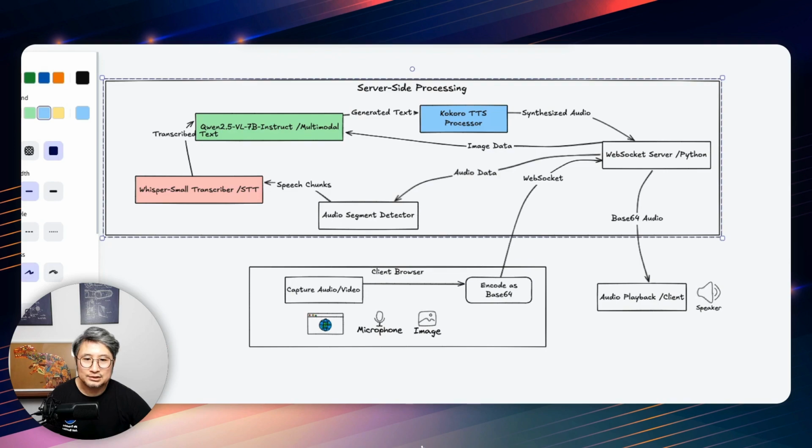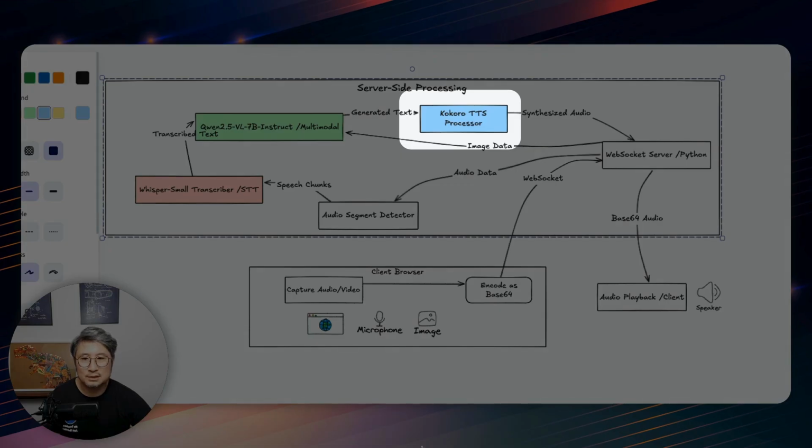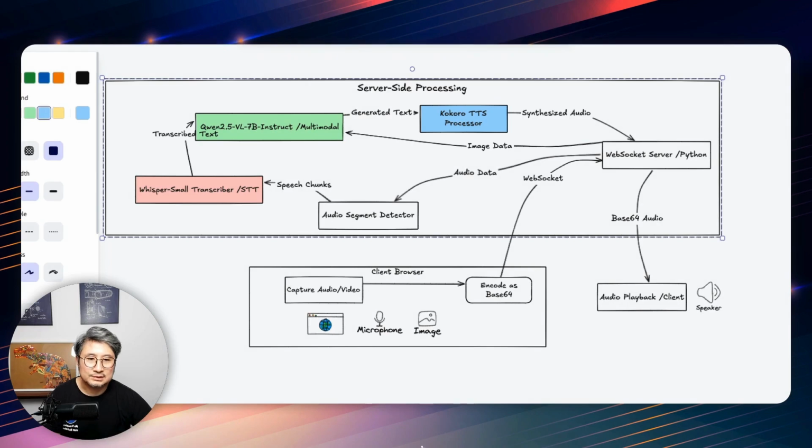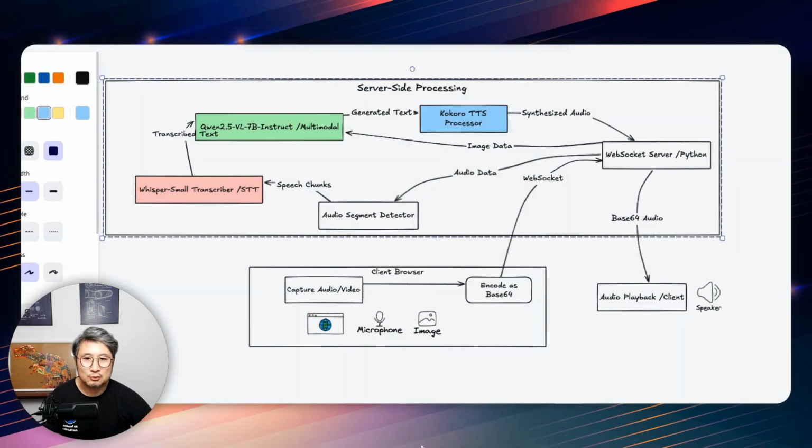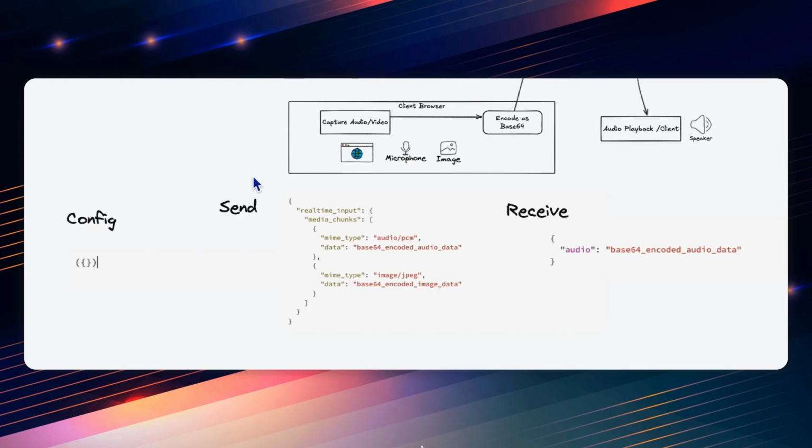And then the generated text is fed to the Kokoro TTS processor to generate the synthesized audio and send that audio data into the WebSocket server again. The WebSocket server will send this audio in base64 format to the client to make the audio playback by the client speaker.